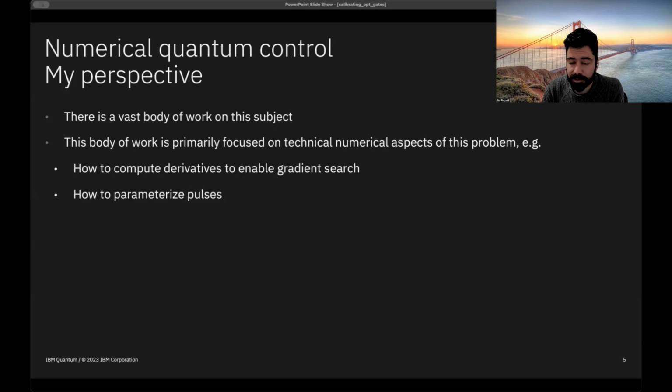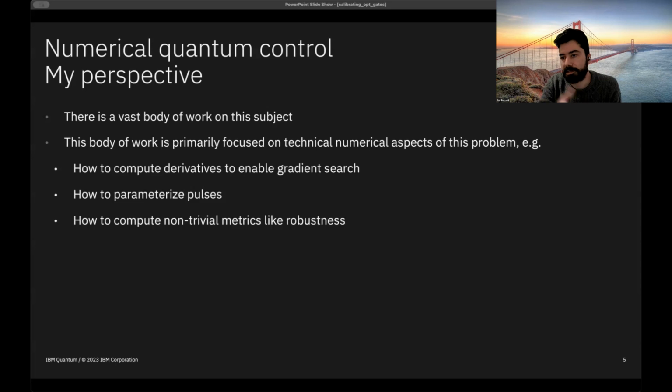Choosing the pulse parameterization controls how you explore the space of controls. So that's important, obviously. There are papers that literally say, here's a parameterization. And then there's also things like how to compute certain non-trivial metrics like robustness. There's of course the solvers, but that's sort of classic ODE stuff.